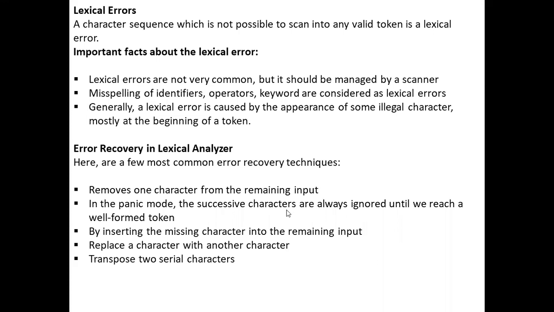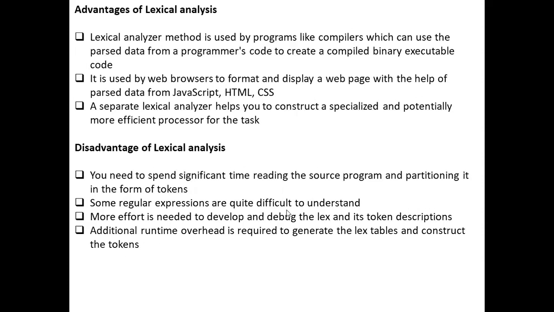In the compilation process, first comes the lexical part, then the syntactical part. First we convert the entire program into tokens, and then we recognize each and every token. After recognizing the tokens, we check the syntax using parsing techniques and then produce the intermediate code. This is the overall scenario of the compilation process.